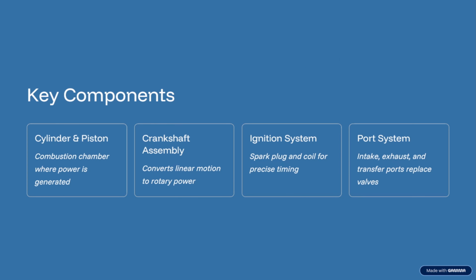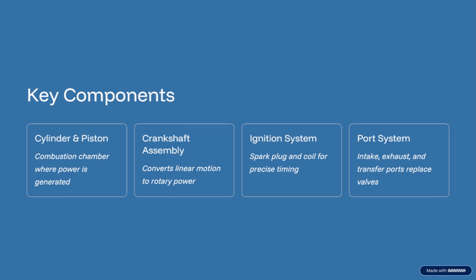Okay, the key components of the two-stroke engine: cylinder and piston, combustion chamber where power is generated, crankshaft assembly converts linear motion to rotary power. Then we have the ignition system, spark plug and coil for precise timing. Yes, it's so important.